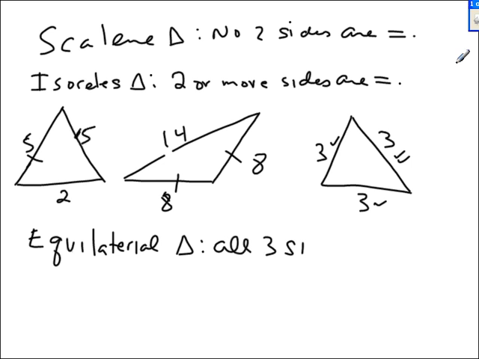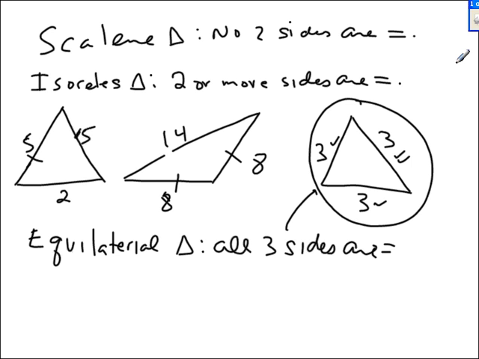Equilateral triangle. All three sides are equal to one another. So, the last triangle I drew, that is an equilateral triangle. You can also call it isosceles, but a stronger statement would be equilateral. Lots and lots of students and teachers, unfortunately, if you give them this triangle and ask them, is it isosceles?